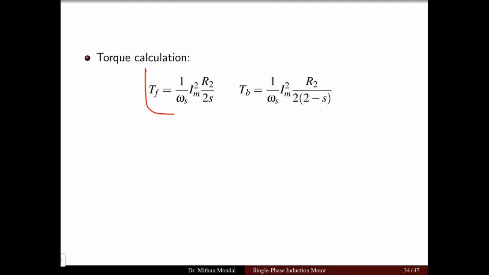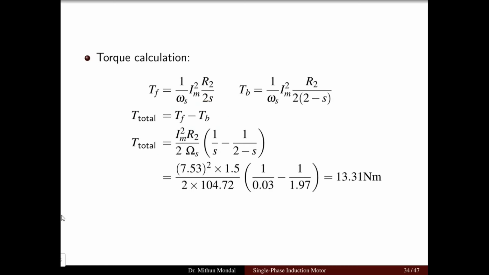So the torque calculation we can do for the forward field and the backward field, and the total torque will be the difference of the forward field and the backward field. So all the parameters we can substitute in the main equation to get 13.31 Newton meter.